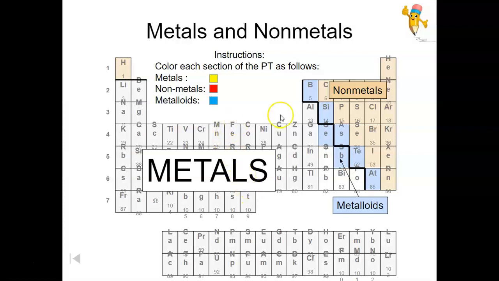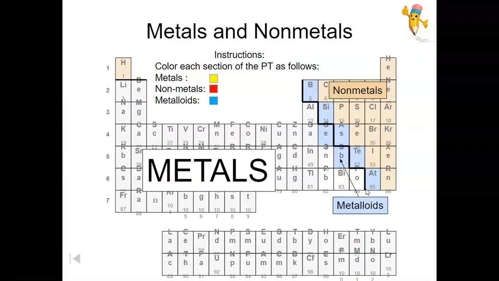So you want to color B, Si, Ge, As, Sb, Te, and At. And you want to color those blue, those 7. That is called your metalloid staircase. I want you also to draw in black pencil or crayon or pen that staircase line.